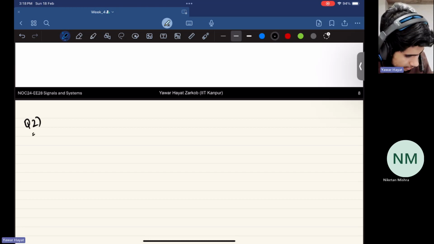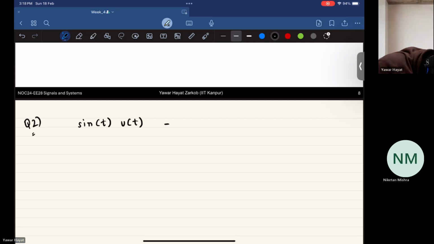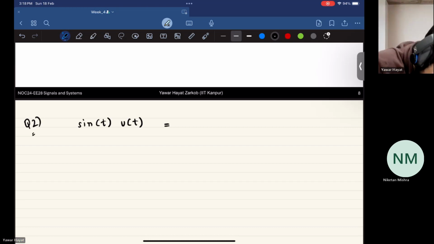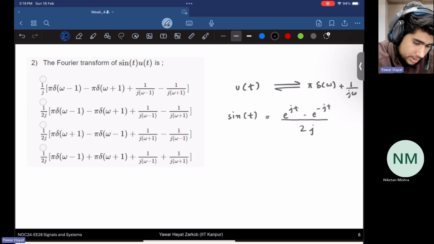Okay, so this sine of t u of t, you may write as 1 over 2j times e to the power jt u of t minus e to the power minus jt u of t, right? I just used this one.